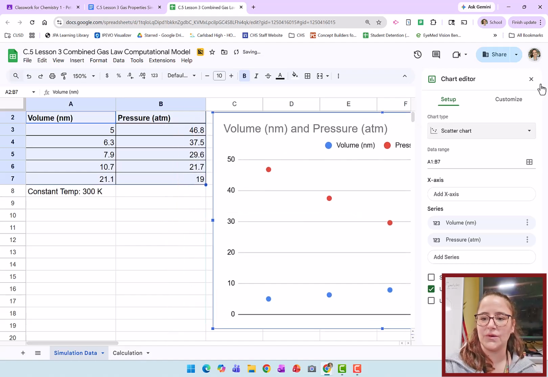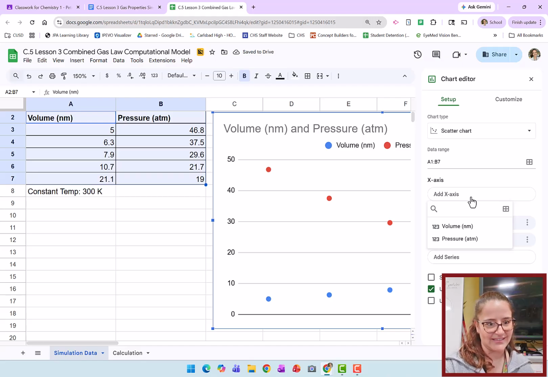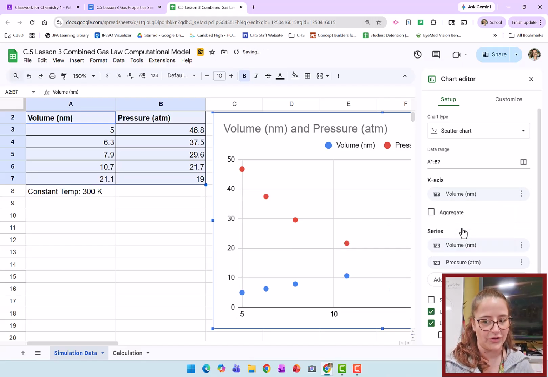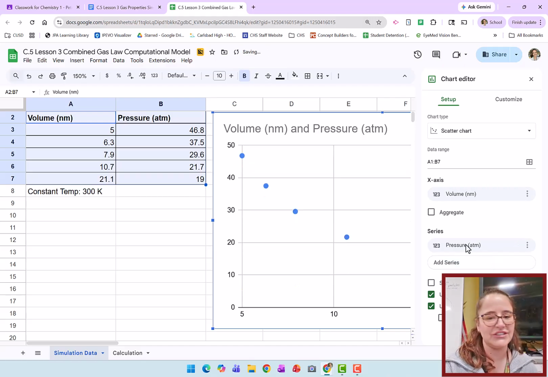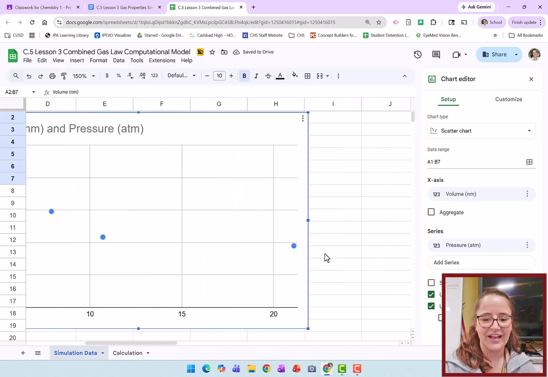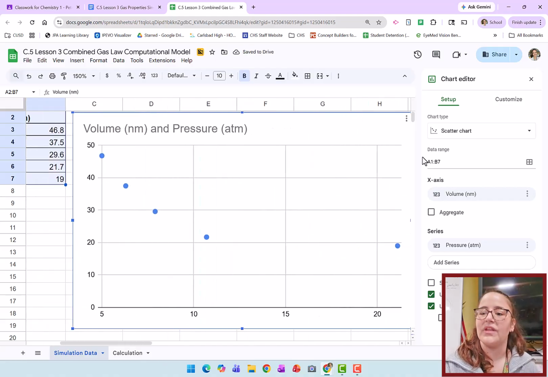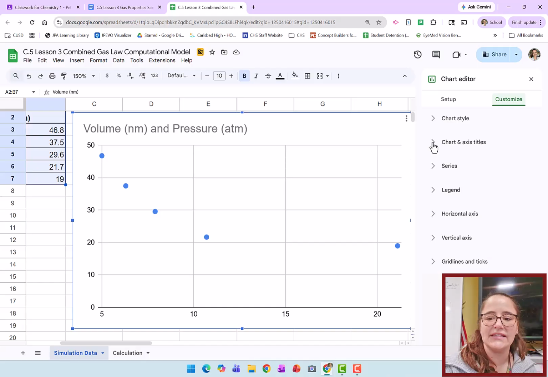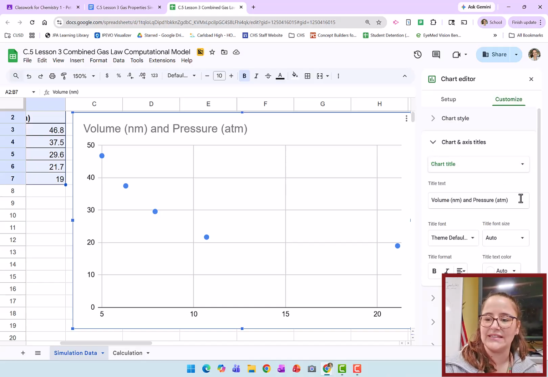If it doesn't, we need to be in Setup, and I'm going to add the x-axis. I want my x-axis to be my independent variable, the volume, and I want pressure on my y-axis. So I don't need volume there. There we got it. I'm going to go over to Customize to add my axis titles.